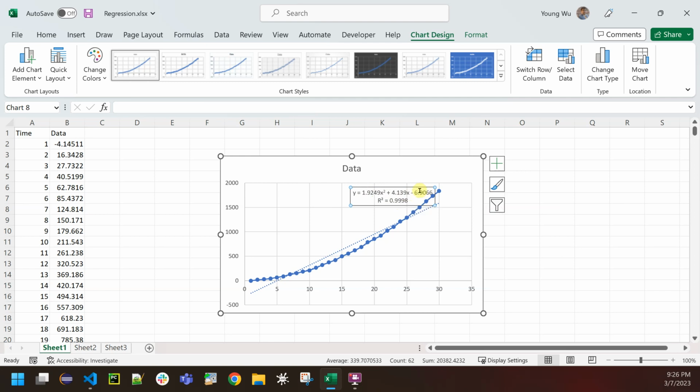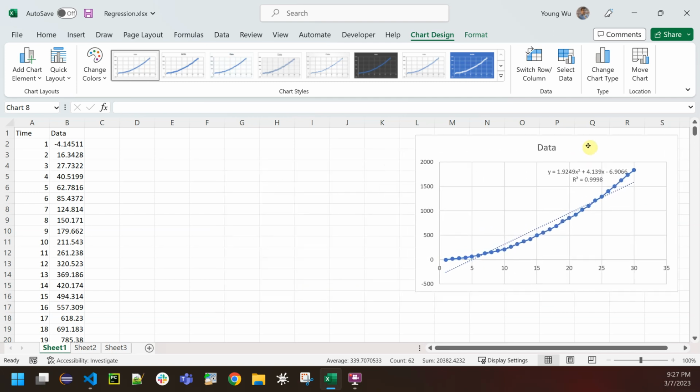So again, it's harder to explain these strange functions, but what you can do is use this to predict what will happen next. You can substitute x as a number larger than 30, and then compute the expected y value. So that's how to interpret these trend equations.